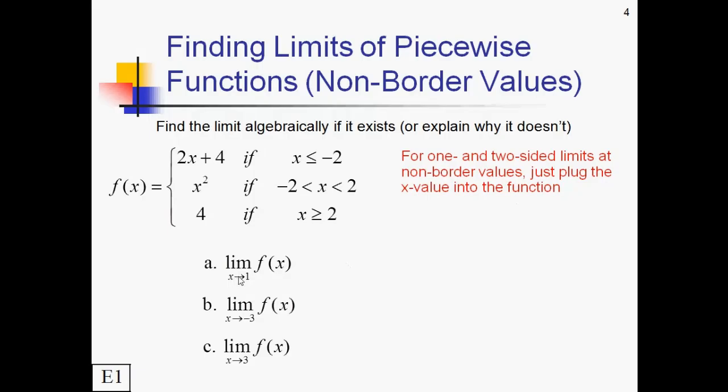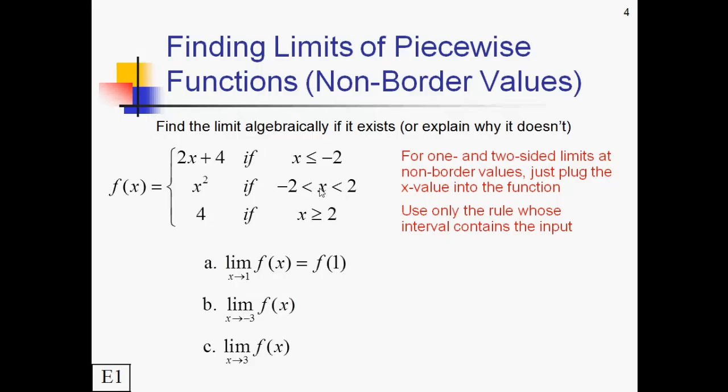This one, since this is a non-border value, since 1 is not any of these border values, we're really just doing f of 1 here, and we're going to accept whatever result that gives us. Now, how do I actually plug 1 into this piecewise function? To do this, we're just going to use the rule whose interval contains the input. So we're inputting 1 for the x value, so we're just going to look up the rule where 1 falls.